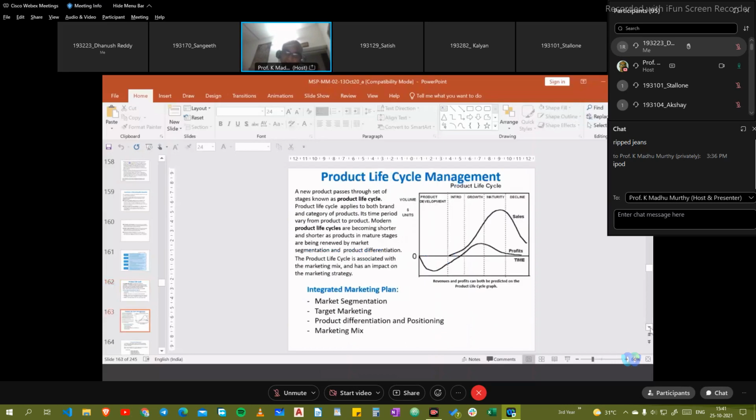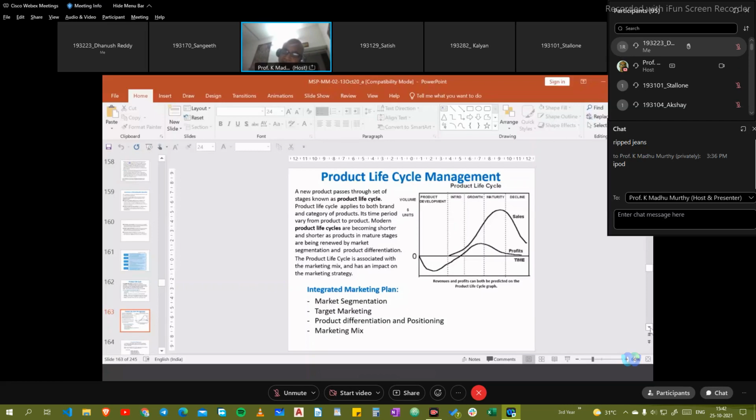When you see the curve here, the product development is in the negative, in the fourth quadrant. This is a chart drawn on the sales or volume of products against time. The first dotted line from the origin shows the product development.